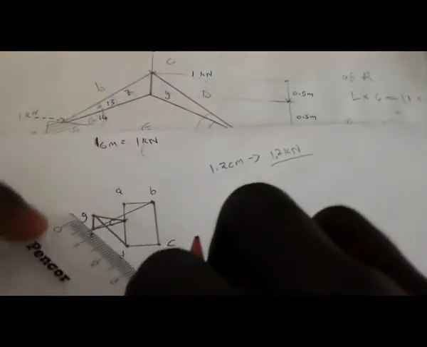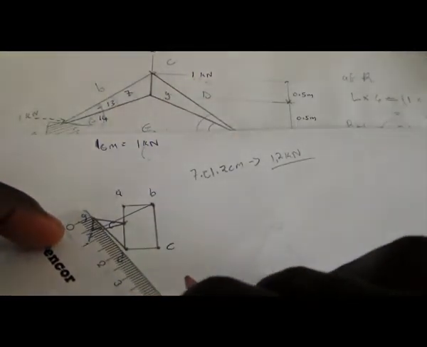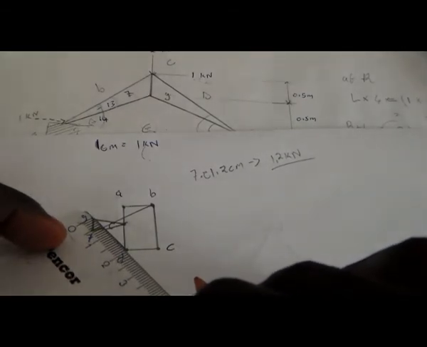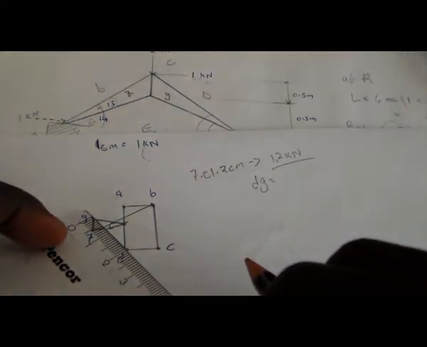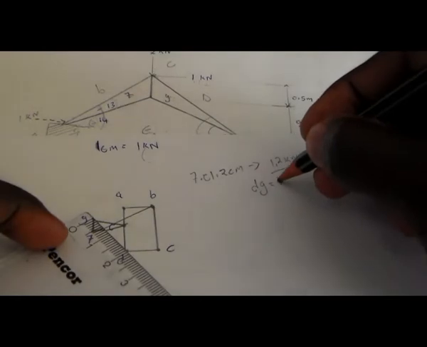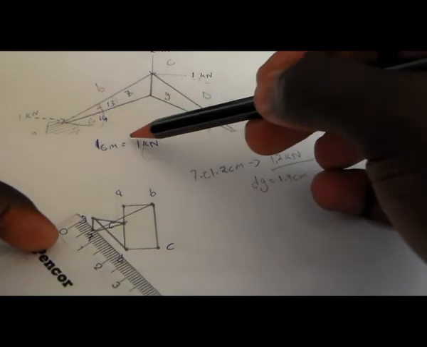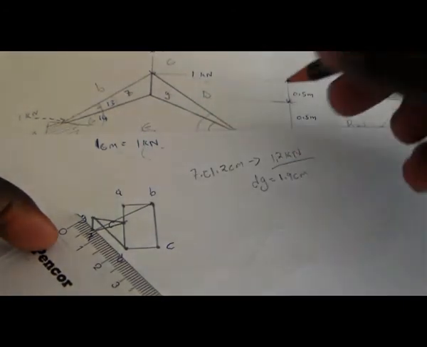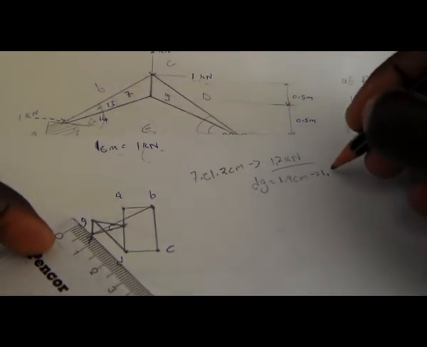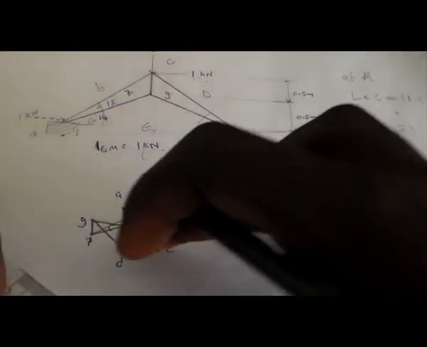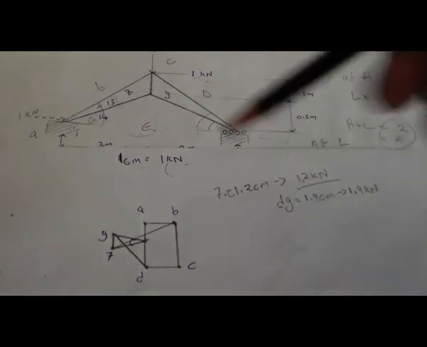And then this one will be DG, which equals 1.9. If it's 1.9 centimeters, remember our scale, 1 centimeter equals 1 kilonewton, so it's going to be 1.9 kilonewton. You do the very same thing to all the other diagrams to find all the members.